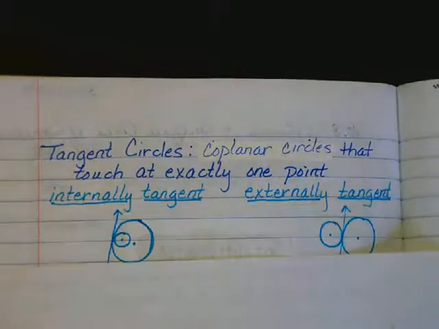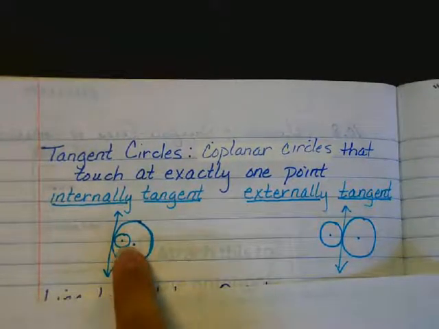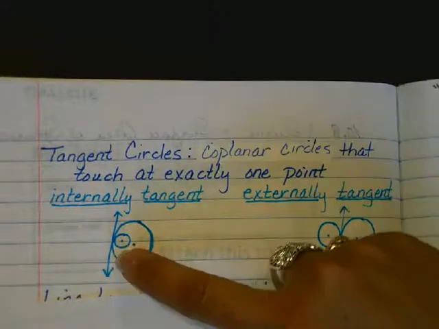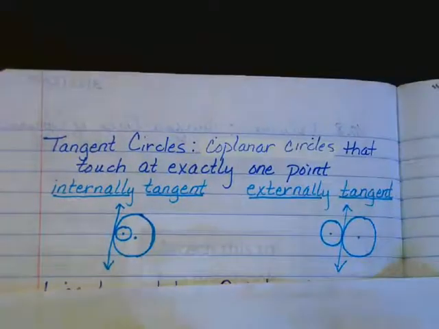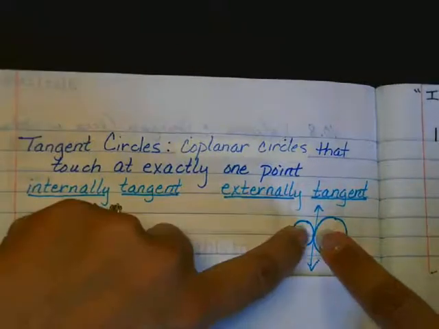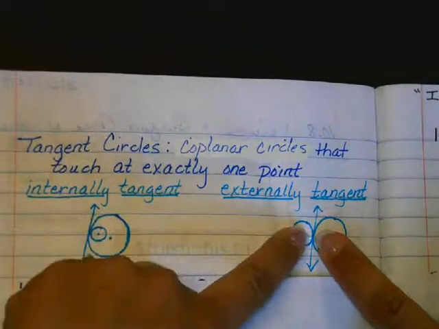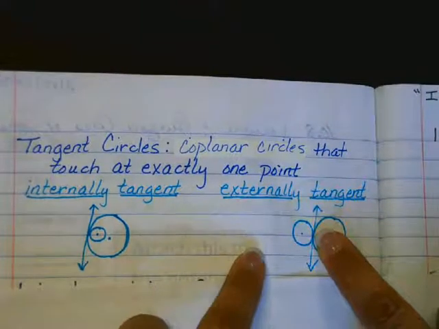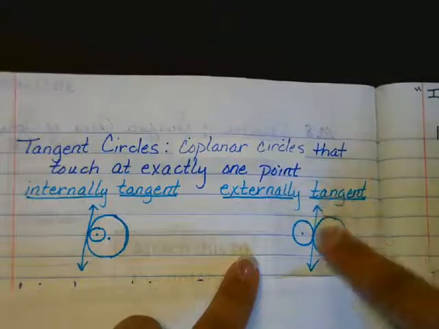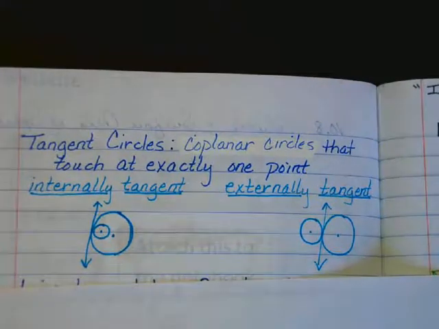You may have internally tangent circles, where one is inside the other but they touch at just that one point. I've also put a line of tangency there. And then you may have externally tangent circles, where they also touch at one point. I know mine look like they touch more than that, but these two circles touch at one point, with the line going straight through them. So those are tangent circles.